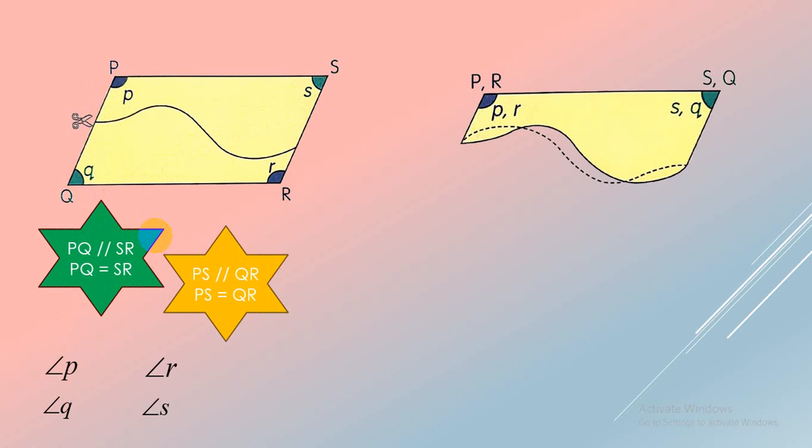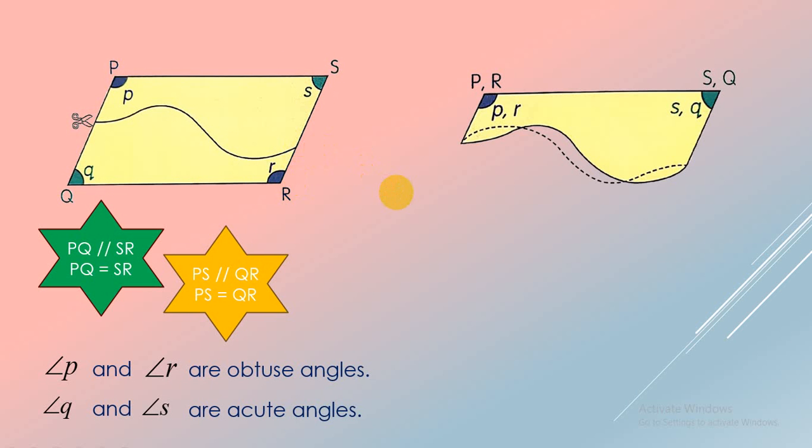Angle P and angle R are obtuse angles. It means more than 90 degrees. Angle Q and angle S are acute angles. It means less than 90 degrees. Look at this picture. Acute, acute, obtuse, obtuse.